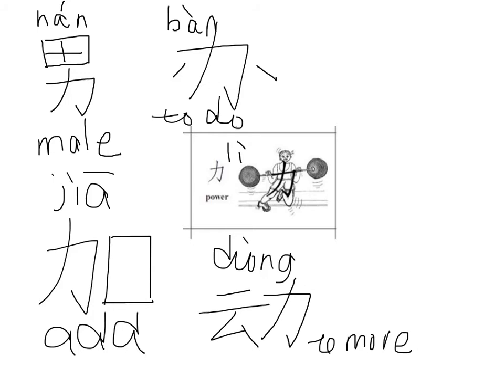The last character we have here today, you have a 又. It means also or again. And 力, power.